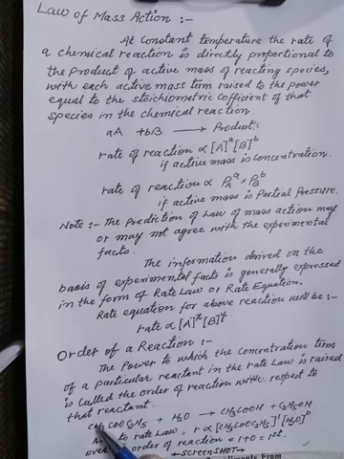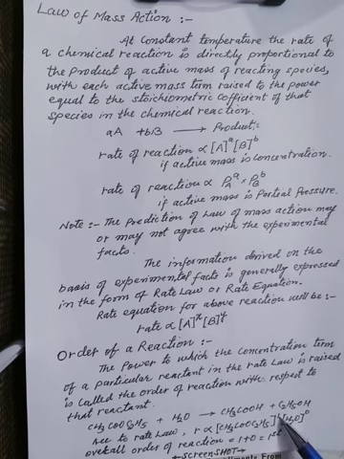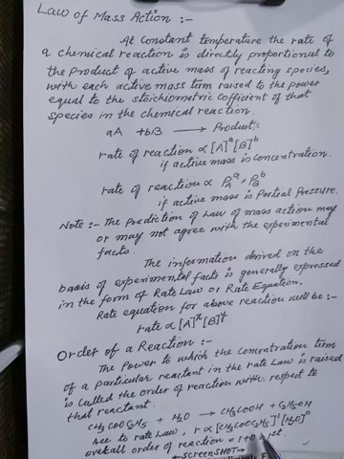We found that the rate of reaction also becomes double. It means the power will be 1. If the concentration of ethyl ethanoate becomes half, the rate of reaction also becomes half. That shows that the power is 1. So we can say that with respect to ethyl ethanoate, the reaction is first order.